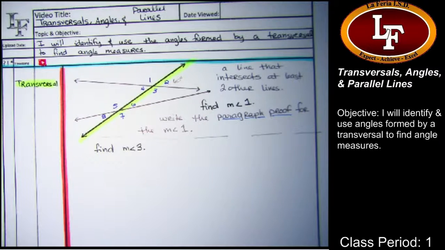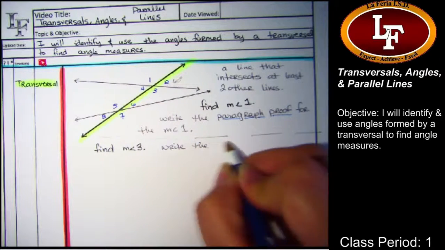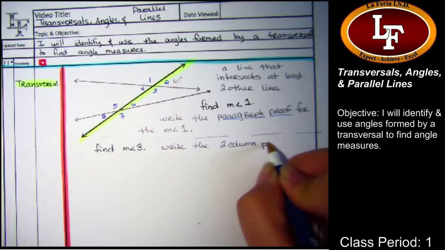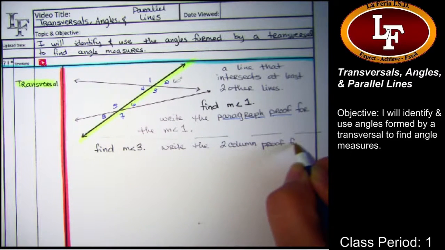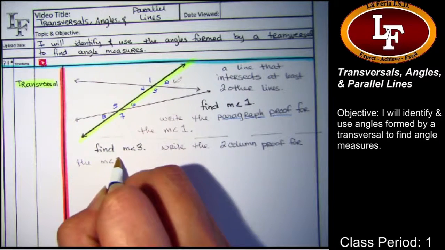So now we're going to write it as a 2-column proof. And you guys are looking at me like, what in the world is a 2-column proof? Wasn't that in the video, miss? You didn't even watch it.